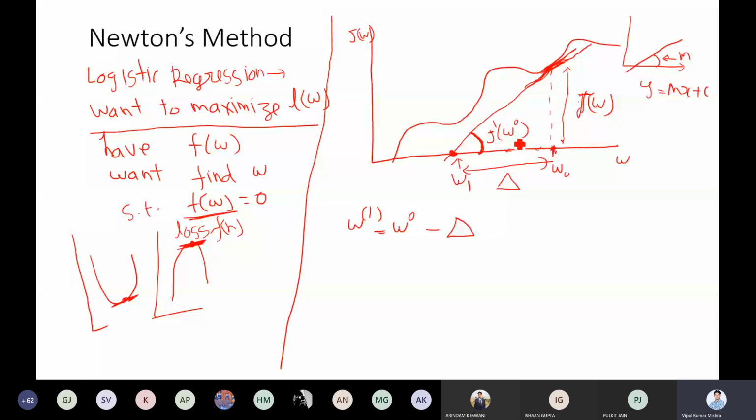Any doubt till this part? Is this the slope, or do you have something else in your brain? Yes or no?